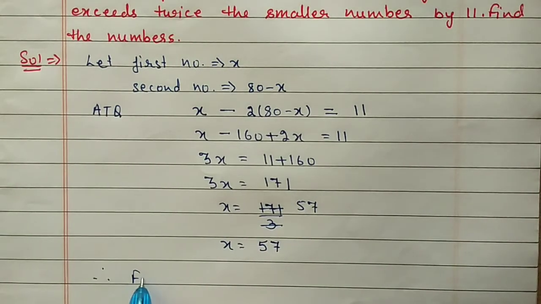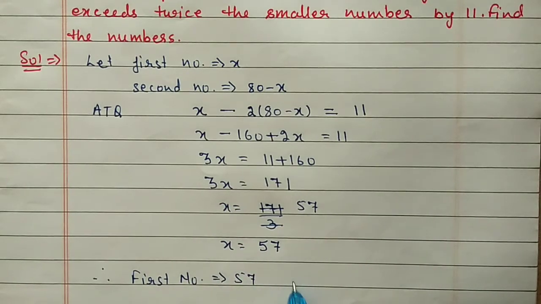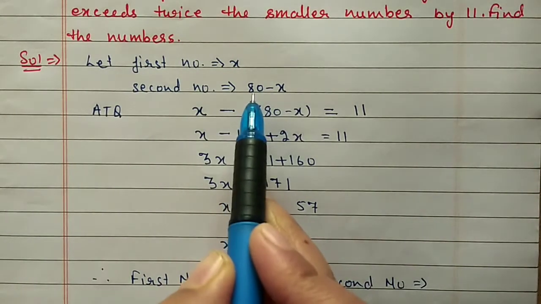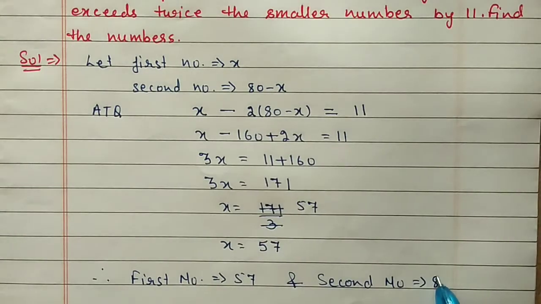Therefore the first number is 57 and the second number we have taken as 80 minus x, means 80 minus 57 is equal to 23.